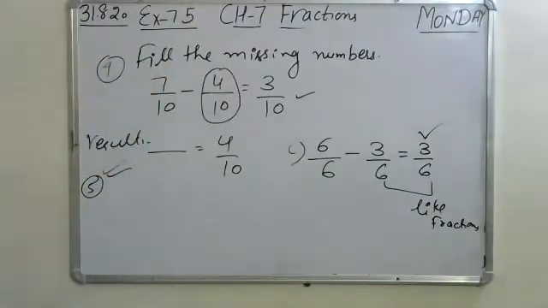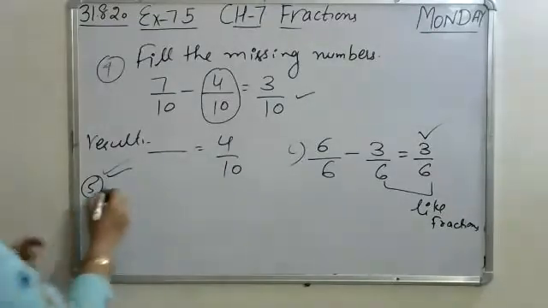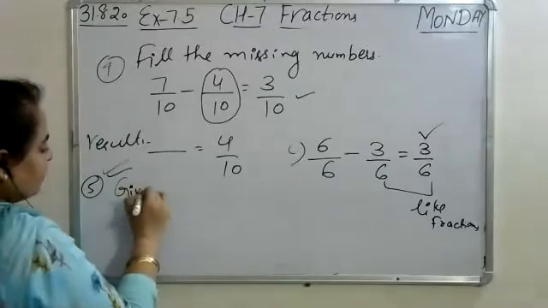Ma'am, Javed was given 5/7 of a basket of oranges. What fraction of oranges was left in the basket? Now Javed was given 5/7. This is the given information. What is the given information?